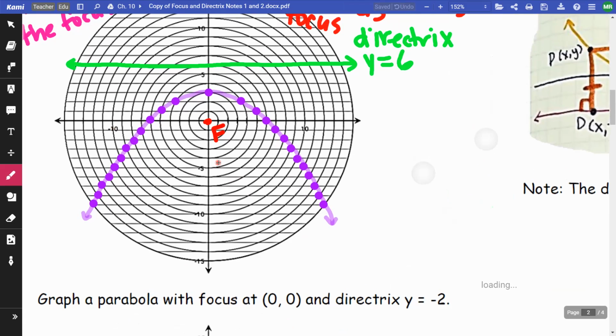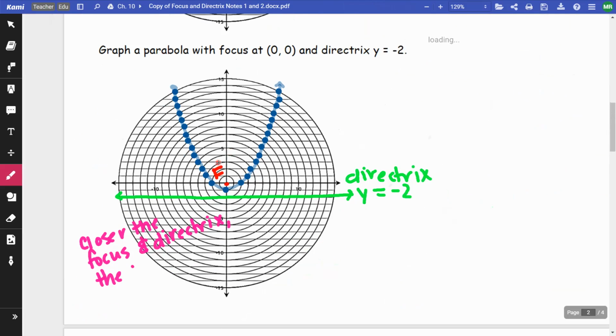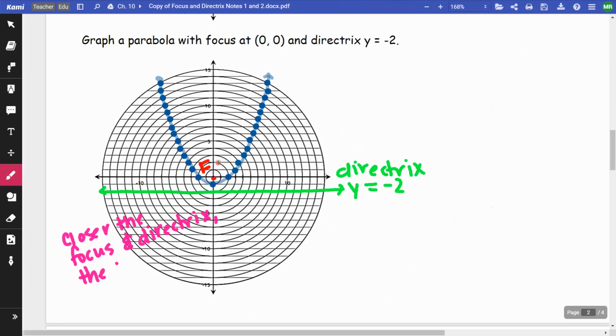This one, they were further. So the closer they are, the narrower the graph. Okay, the narrower the parabola. This is an example of that. I'm going to write it here, but I'm going to draw an arrow to the other one.